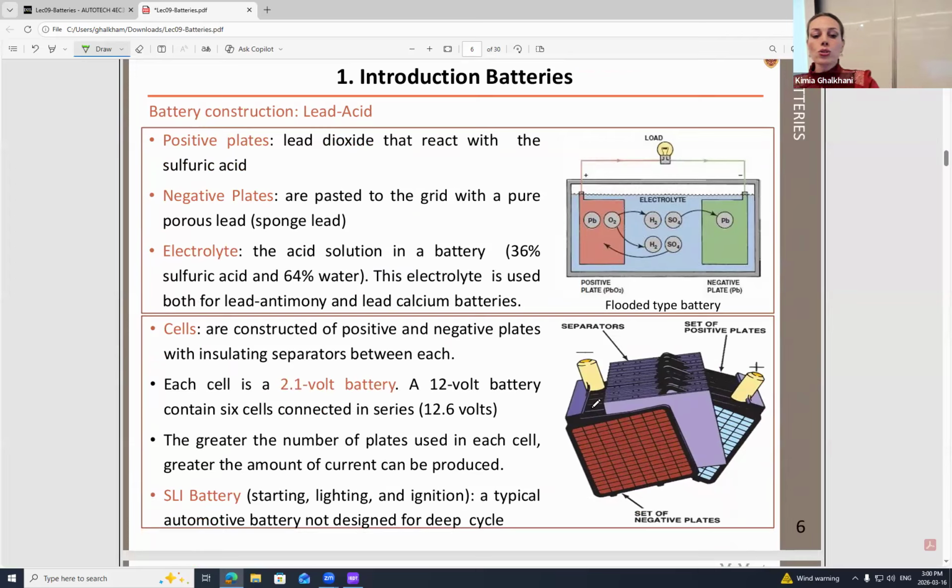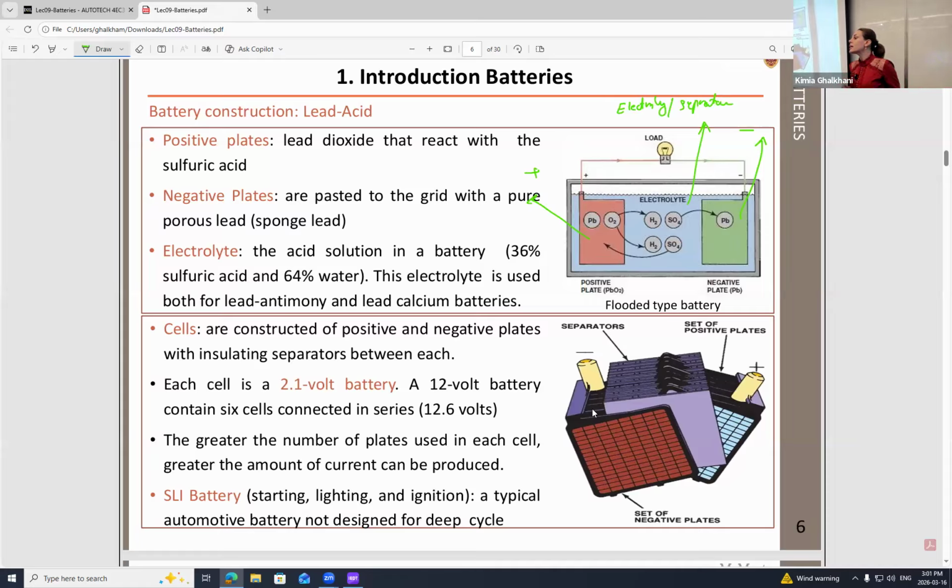Therefore, it's good to learn about the structure of the lead acid battery. Well, lead acid has 3 layers. It has the positive, negative, and what you can see in here, we call it electrolyte, or we call it separator.